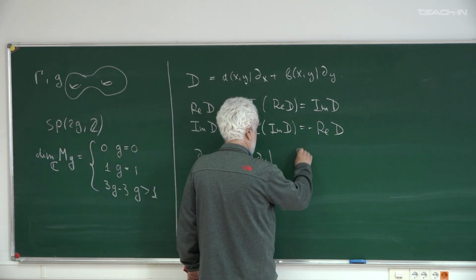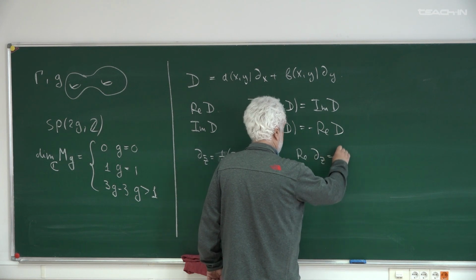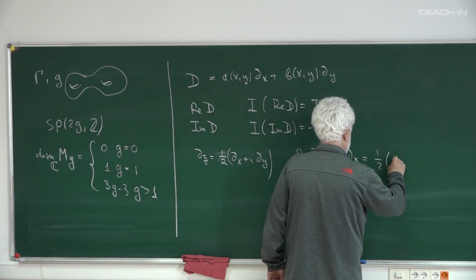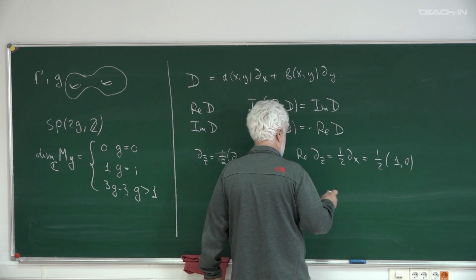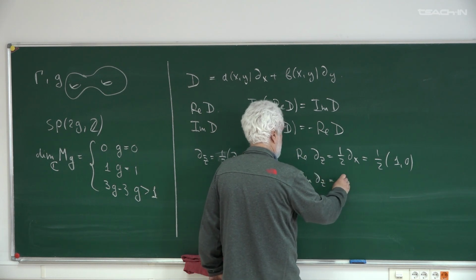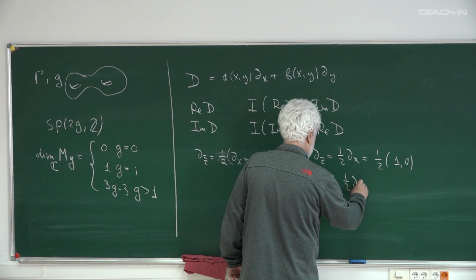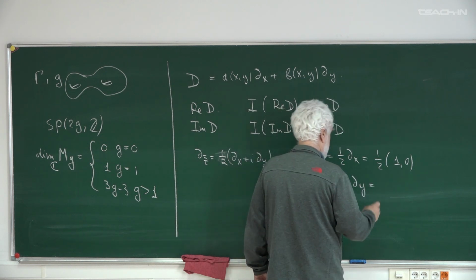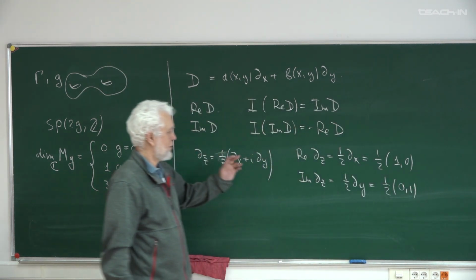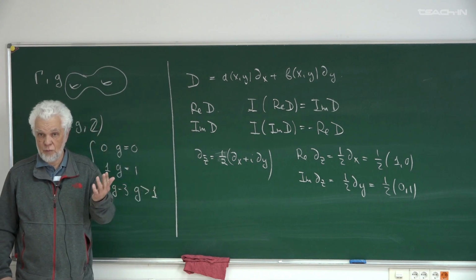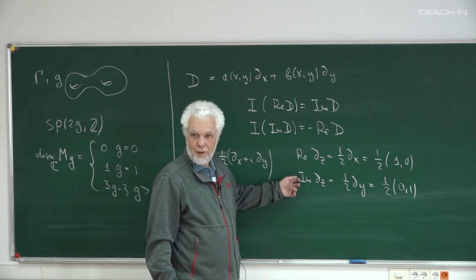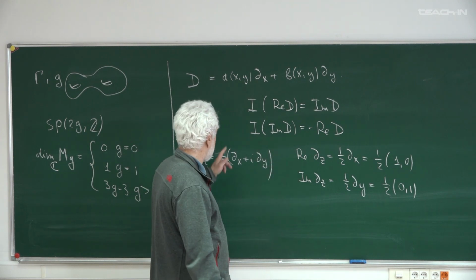Therefore, the complex structure maps the first vector to the second one, and the second vector to minus the first one.